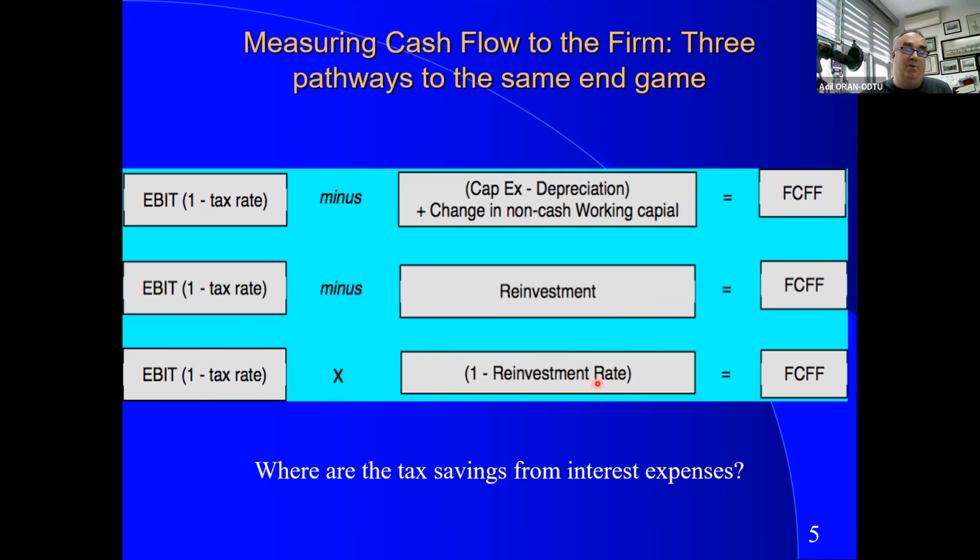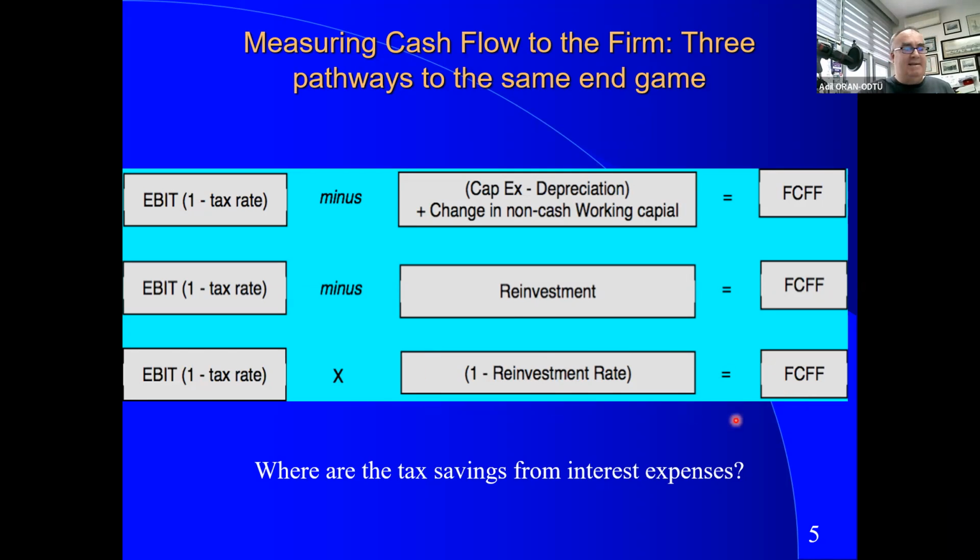So for example, if you're holding on to 30% of your EBIT to make these reinvestments, then 1 minus 30% is 70%. So 70% of your EBIT(1 - T) would be your free cash flow to the firm. So again, this can be used if the required reinvestment by the company is a constant percentage of the EBIT. And this will also simplify your calculations in your valuation.